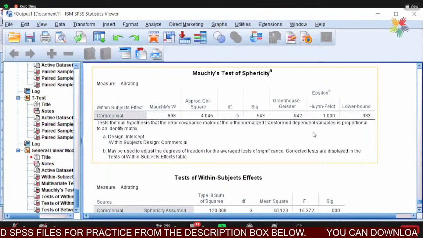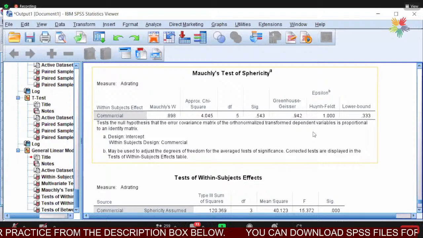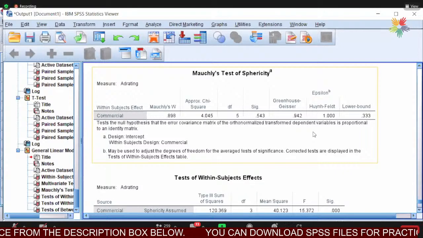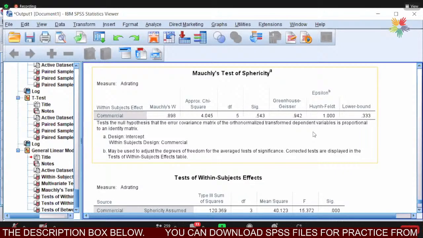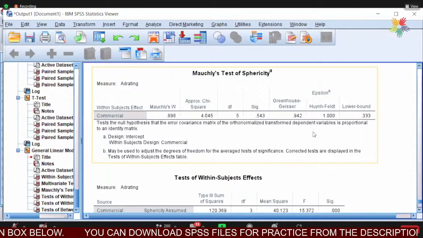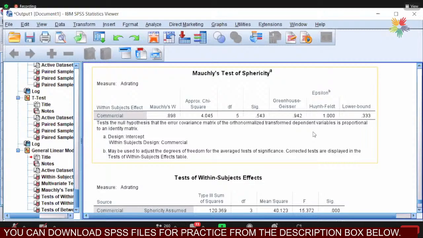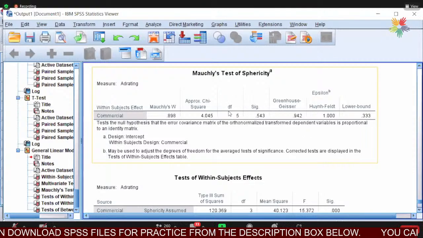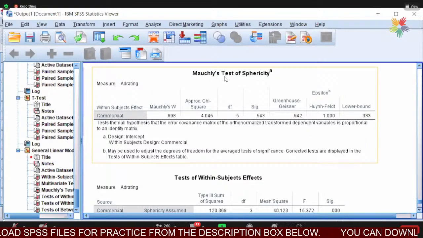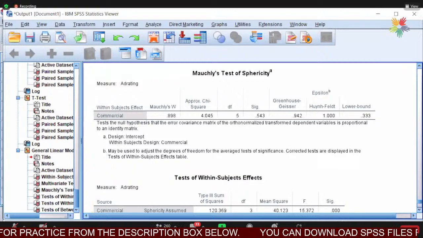The variances of the 4 are not different, so all are the same. That is what Mauchly's test is. So now, how to write this one?